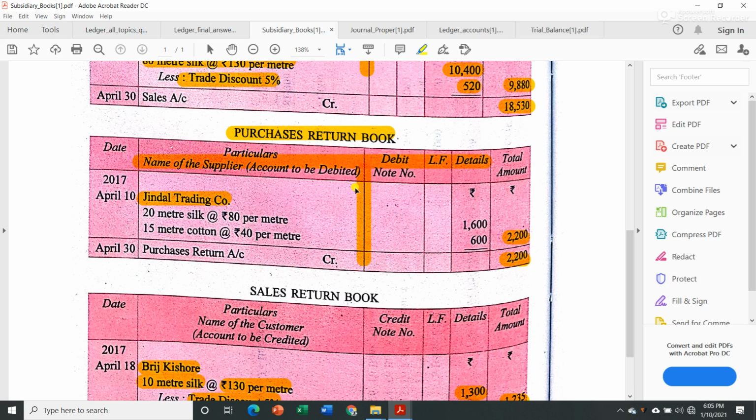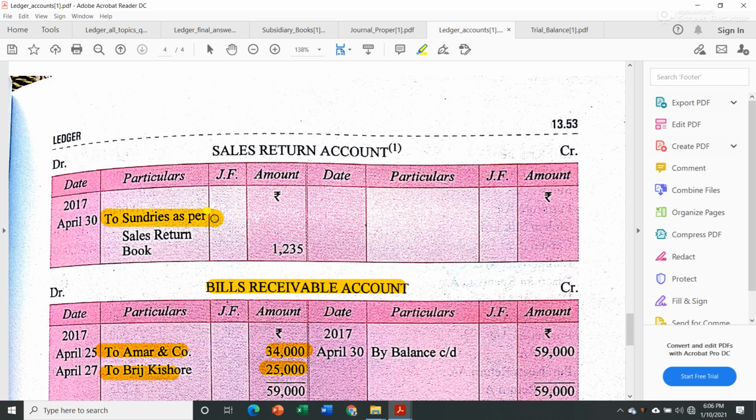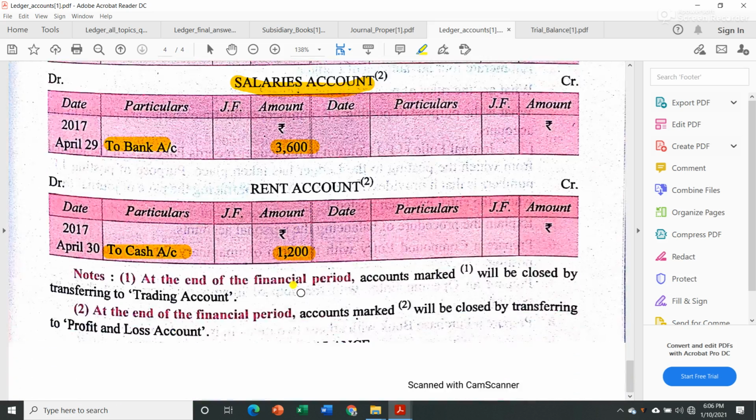Then at last we have the sales return book. We got a debit total of 1,235. That means we will write on the debit side to sundries as per sales return book 1,235. In a similar manner we will find the balance brought down and carried down for the remaining ledger accounts.